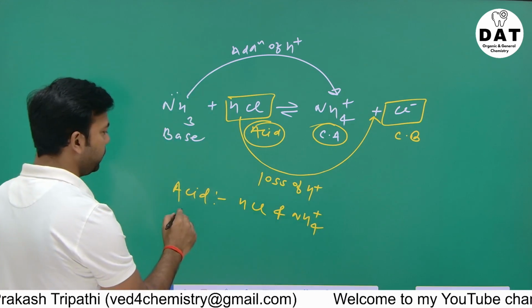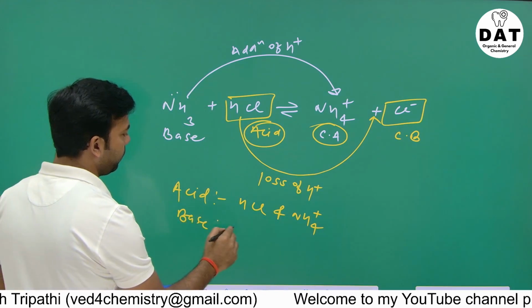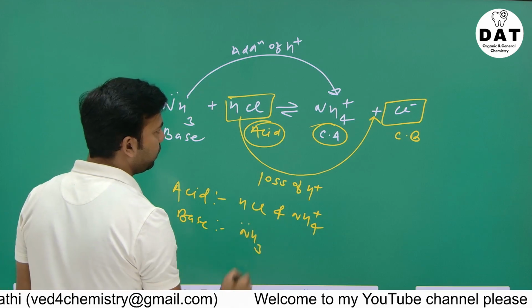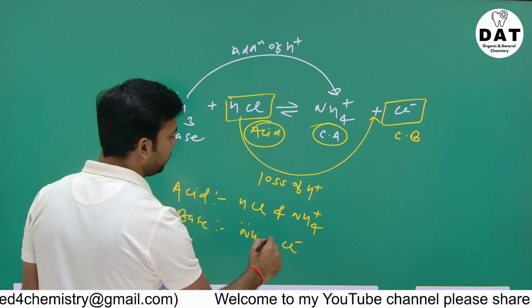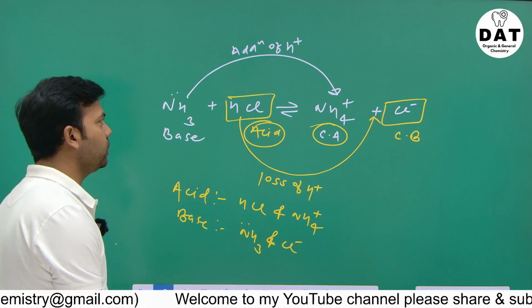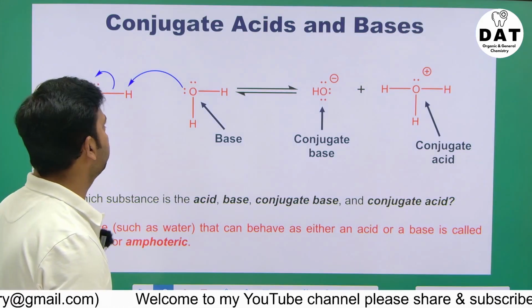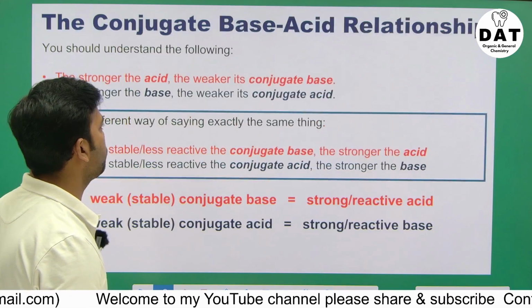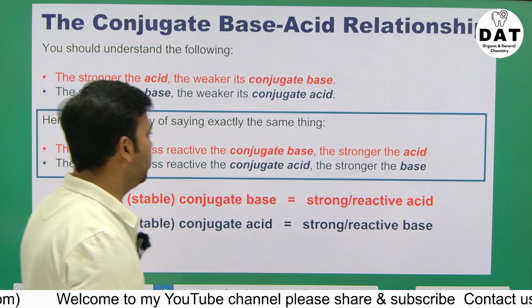Which one is my base? Ammonia and Cl minus. Makes sense? So this is the conjugate acid base. We have done this already.